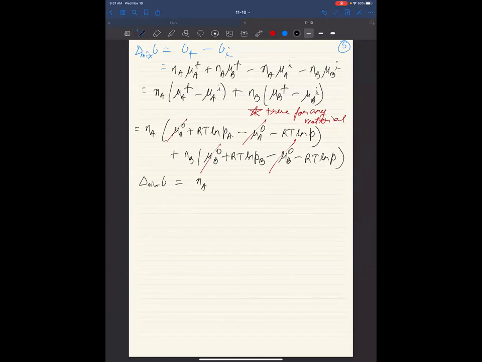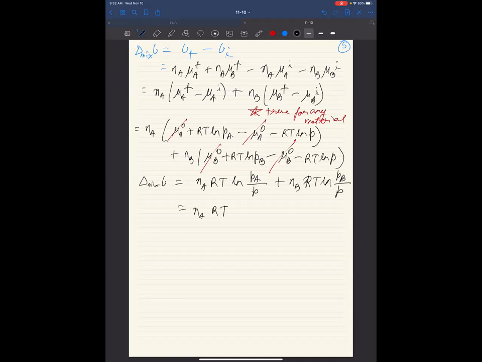We are left with delta mixing G equal to N_A RT ln (P_A by P), because log of A minus log of B is log of A divided by B, plus N_B RT ln (P_B divided by P). For an ideal gas, what can we say about P_A by P?